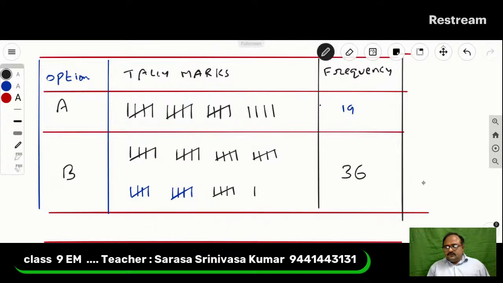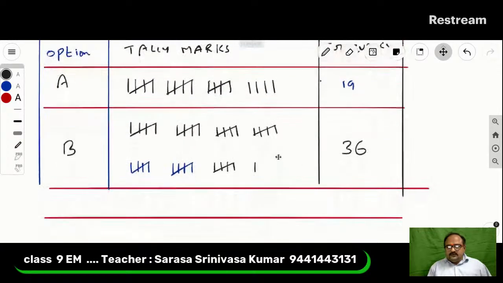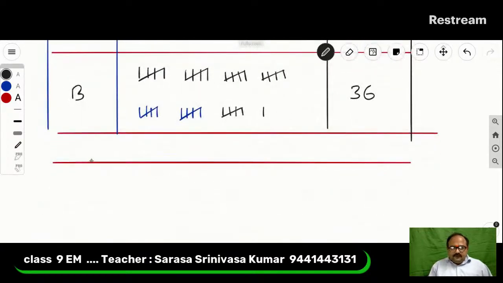Now we prepare for option C. For option C, what is the frequency? Option C has got 10 polls.